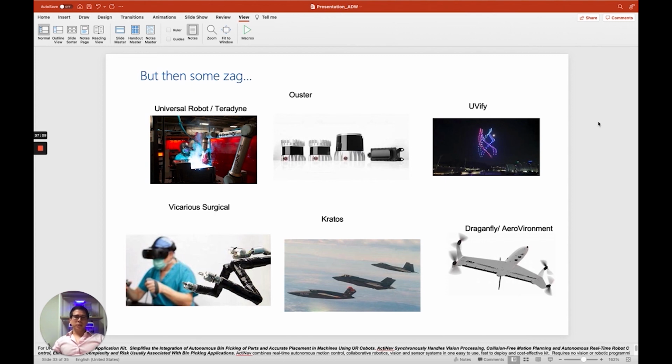Uvify, which is the world leader in swarm robotics for research and also for entertainment and advertising. And of course, Universal Robots and Teradyne again. All of these companies are defining their respective markets.